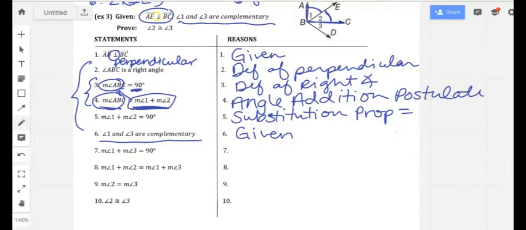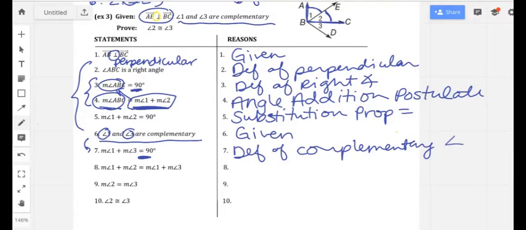So in the next step, notice they say the measure of angle 1 plus the measure of angle 3 equals 90. How do we know those two angles add to 90? Because we know the definition of complementary angles. Okay, so that's step 7.